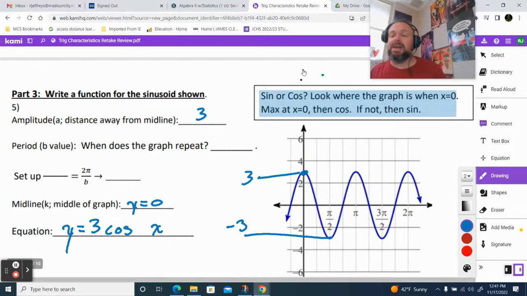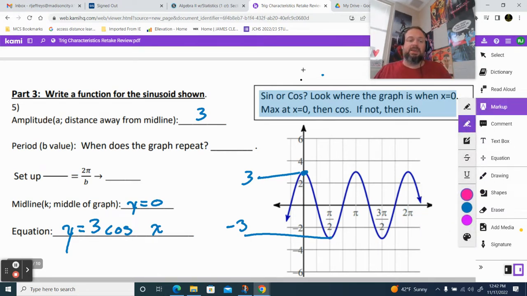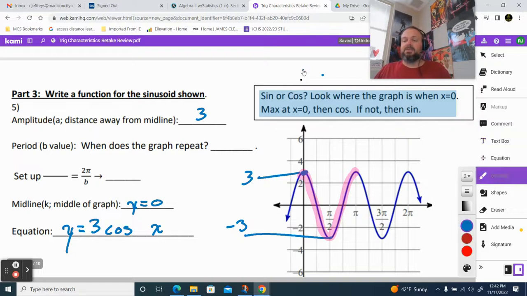Okay. Now, this is where the stuff happens. All right. So if I start here and I follow this graph all the way to where it repeats again, it repeats at pi. So I set it up as a ratio.